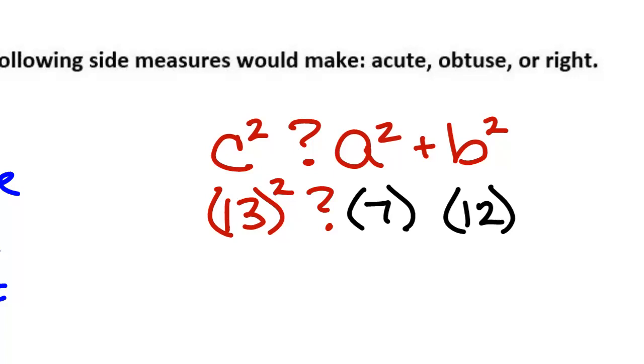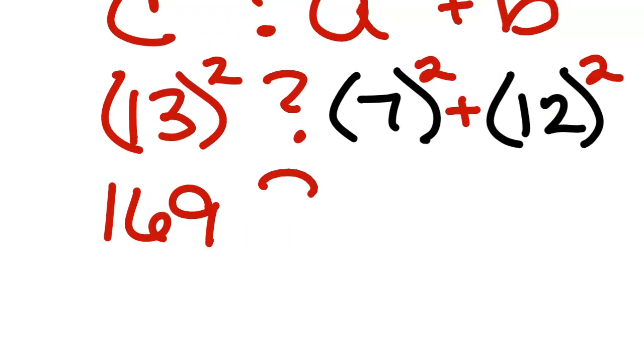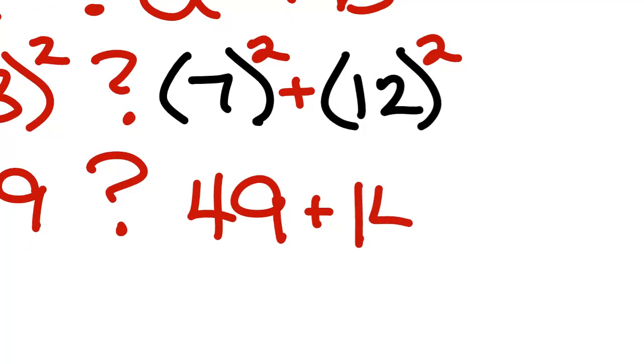Yep, we square both of those, and we add them together. All right, so now we calculate these. What is 13 squared? 169. 7 squared? 49. And 12 squared? 144.